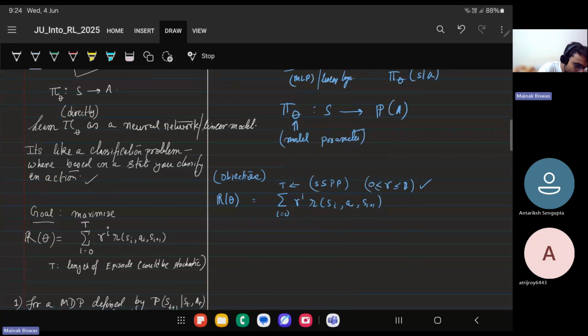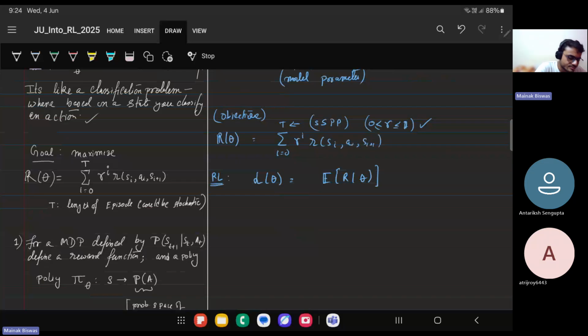So your loss function could be the expected value of R0, or R theta. Do you agree? This is what I want to maximize. So the objective is theta star equals argmax over theta of R theta. Yes or no? Questions? Okay, very good.